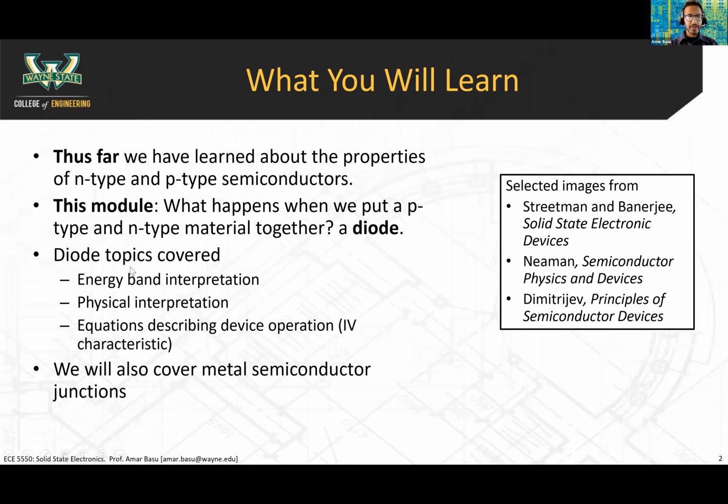We'll be taking a standard approach. We'll talk about energy band diagrams, we'll talk about physical models, and then we'll eventually derive equations that describe the device operations, the current voltage characteristics. Just to give you a little bit of context, so far we've learned about the properties of N-type and P-type semiconductors on their own.